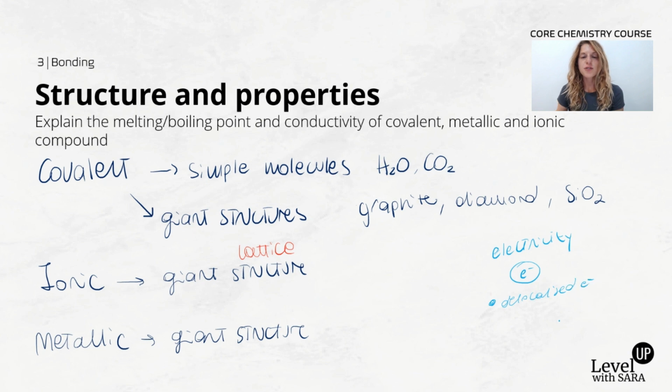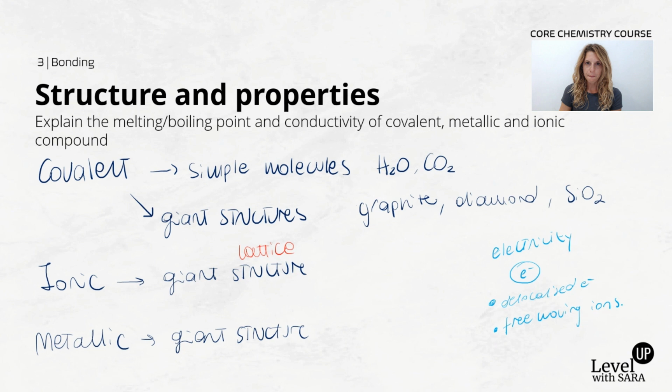Delocalized electrons mean that they're free to move through the whole structure, or free moving ions. So it's important that you think about these structures and whether they have either delocalized electrons or free moving ions.